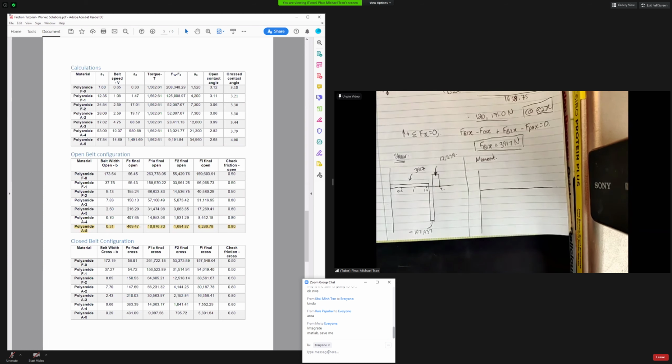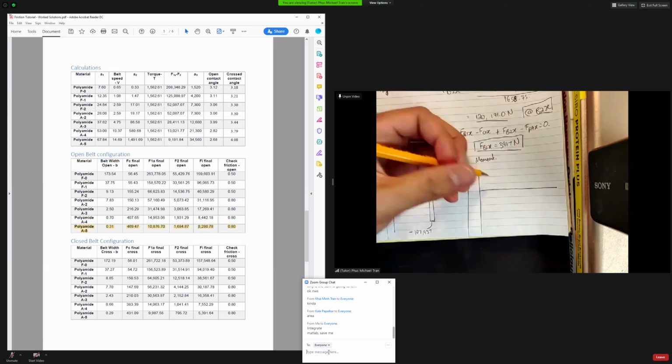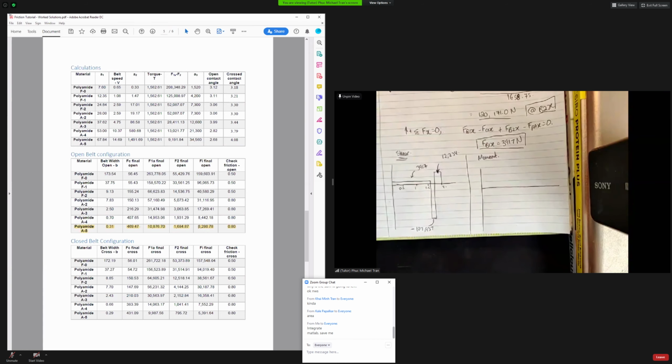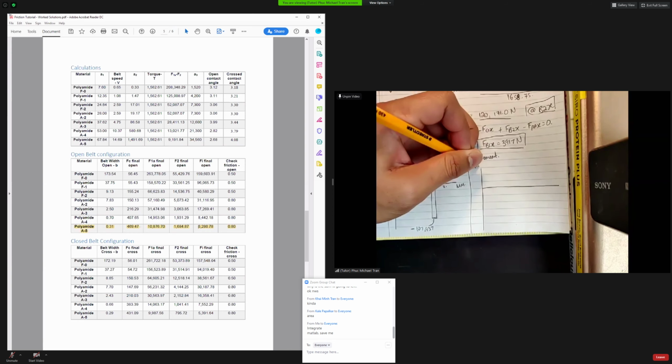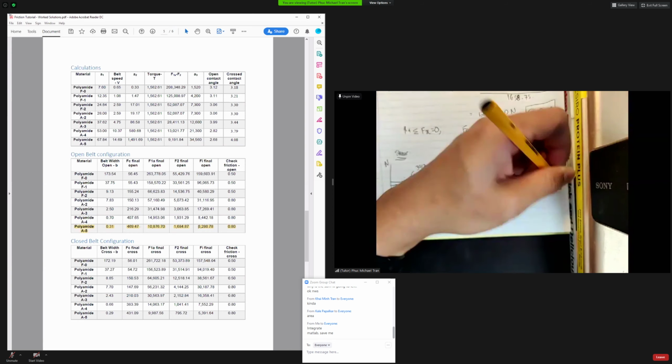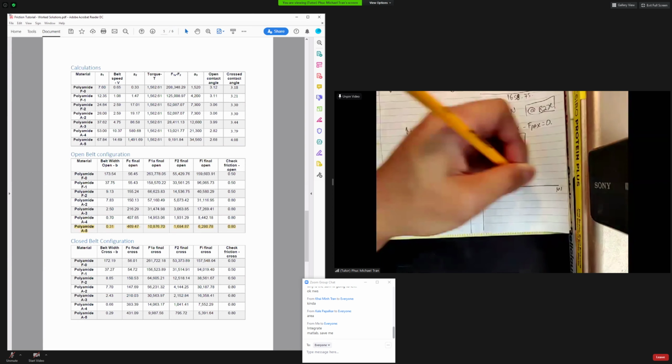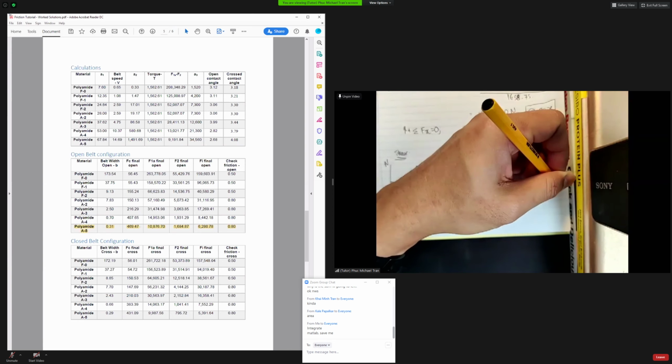Math integration and triple integration can stay in math mod 2. So this is newtons and this is millimeters. This would be Newton meters. This would be millimeter. Or let's make that meters, sorry, just for consistency.